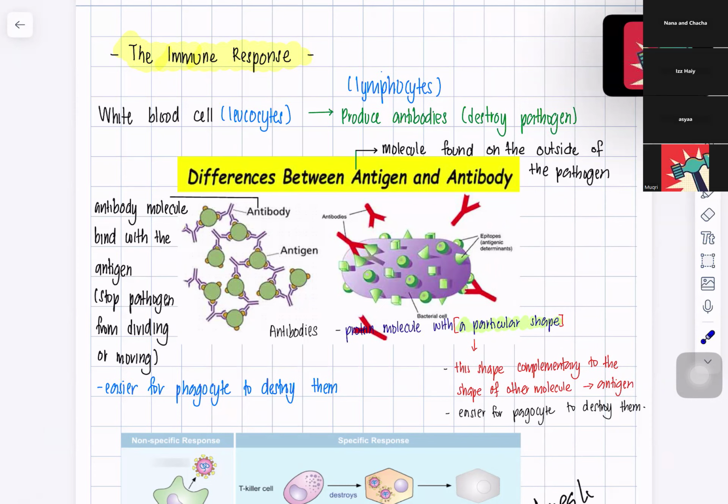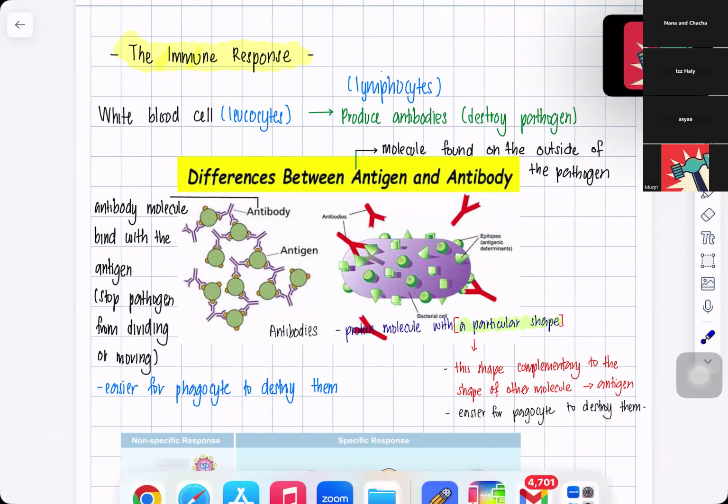Actually, you have 5 types of leukocyte, but in IGCSE, you only learn the phagocyte and lymphocyte.